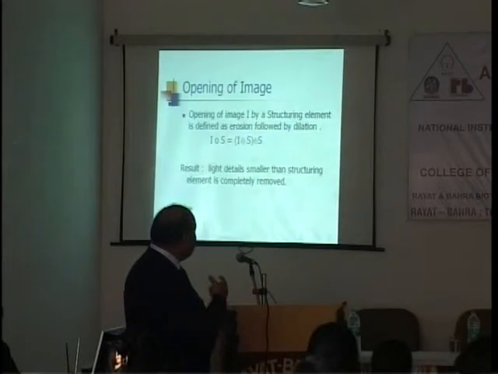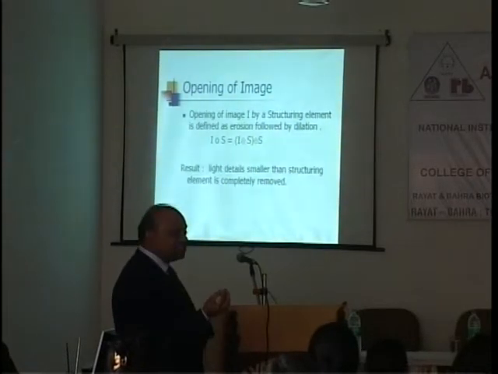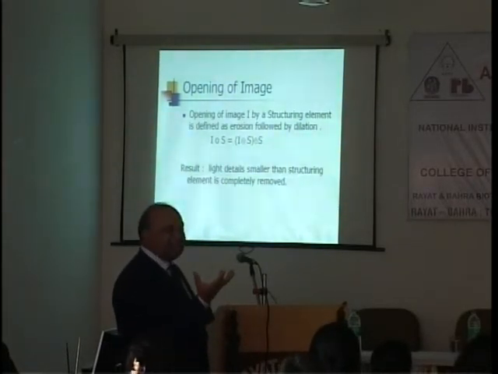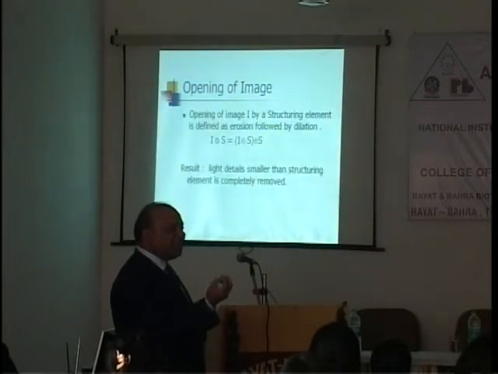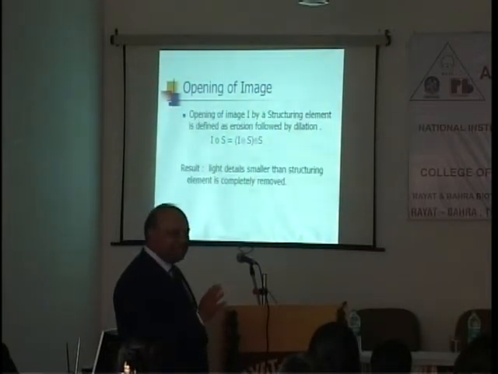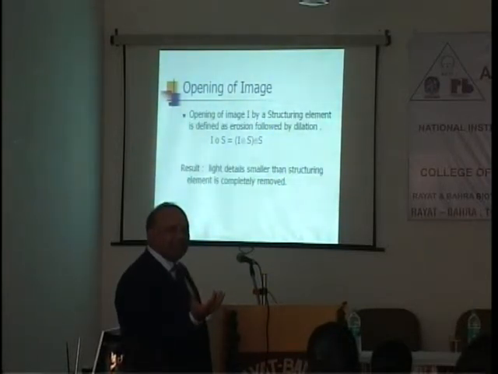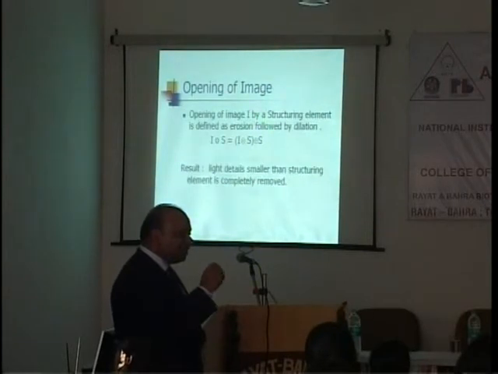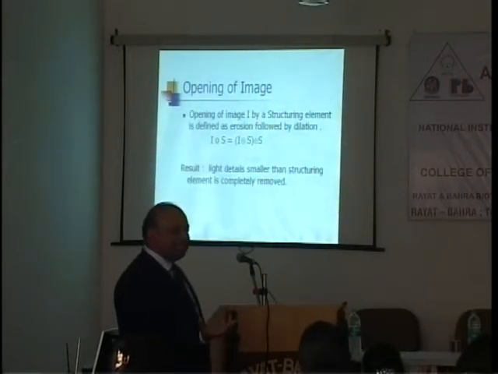So first I will do opening. Opening means first I will erode, then the eroded image I will dilate. By erosion I will remove unwanted things. By dilation, the eroded image will be dilated with the same structuring element, so the original shape will be there. My aim is that the elements which were very small I have removed, and the original remains.